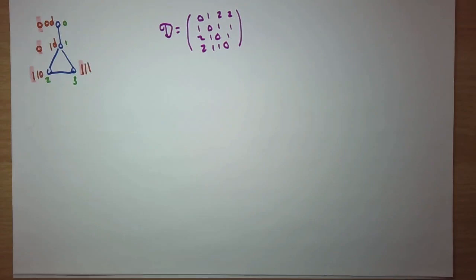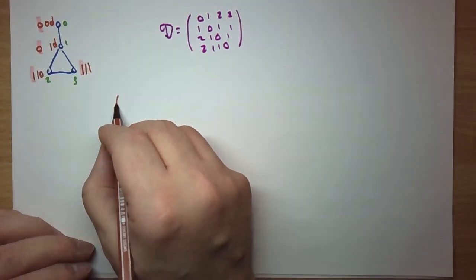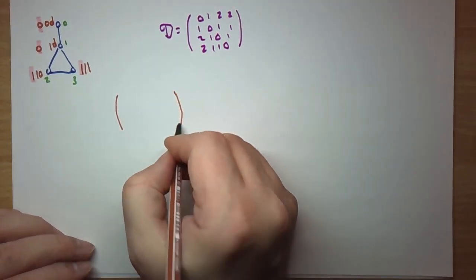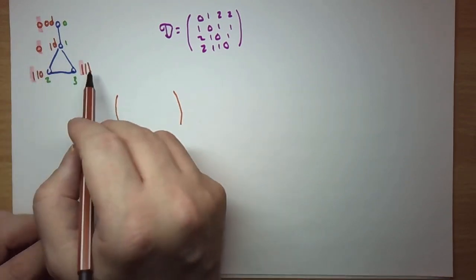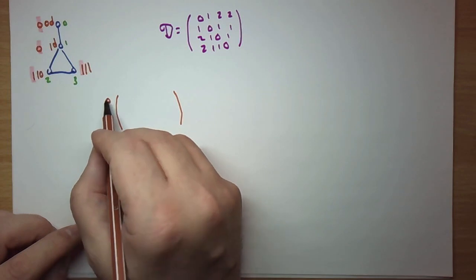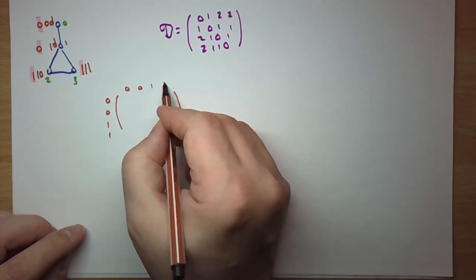So let's go to all the first entries. And we're going to make a little matrix that corresponds to our first entries. And just to help us, I'm going to use the actual labels. Put them on the side. 0, 0, 1, 1. 0, 0, 1, 1.